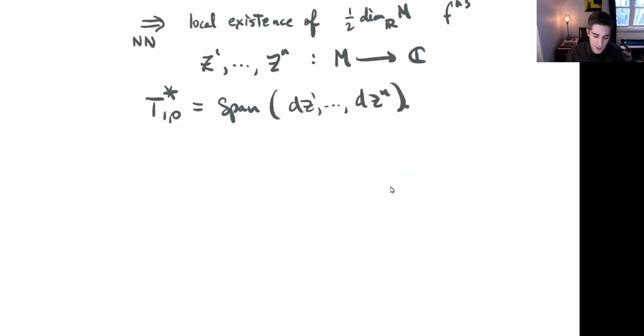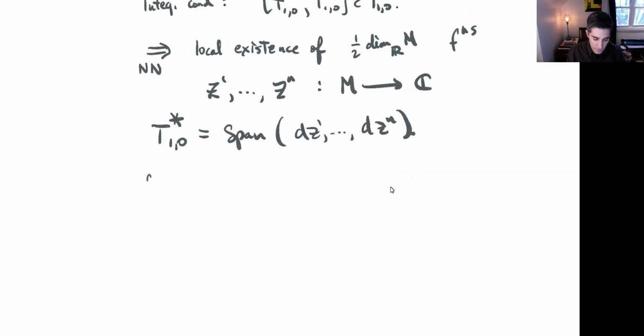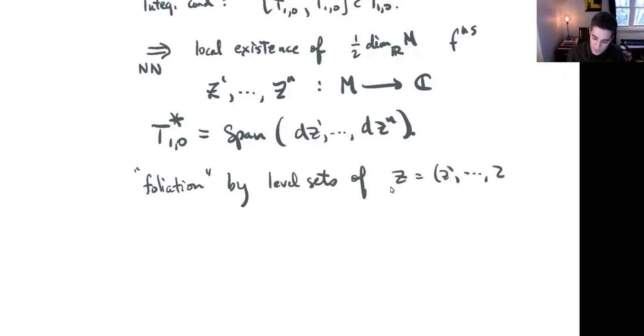you could say that we get a foliation, in a sense, by the level sets of the z's and of z bar.